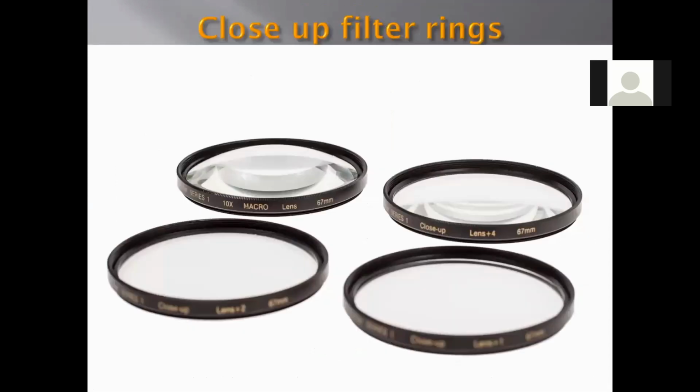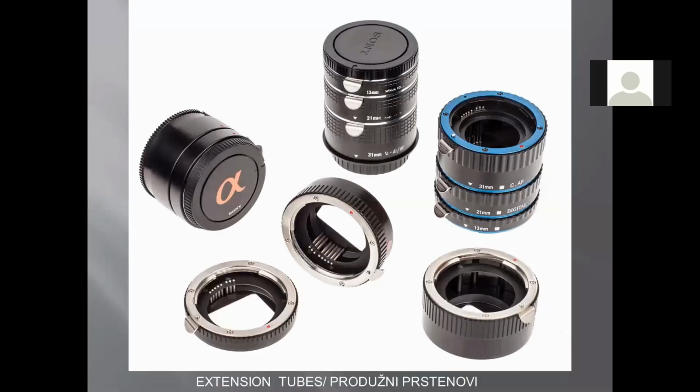I did try the close-up ring filters, but I found them not that helpful, because they are only sharp in the center of the image, while the edges are more blurred, so I tried to avoid them.